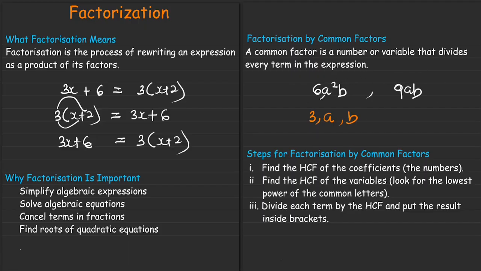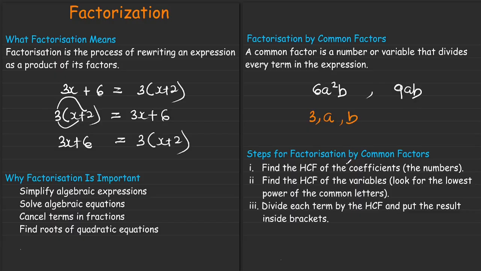In this case, we had a squared and we had a here. To get its highest common factor, we take the one with the lowest power. a has a power of 1. This, on the other hand, has 2. So we took that which has the lowest power. But for b, they all have the same power, so we take any of them.